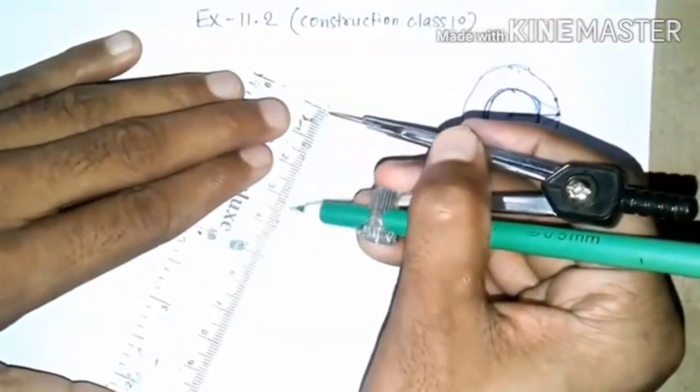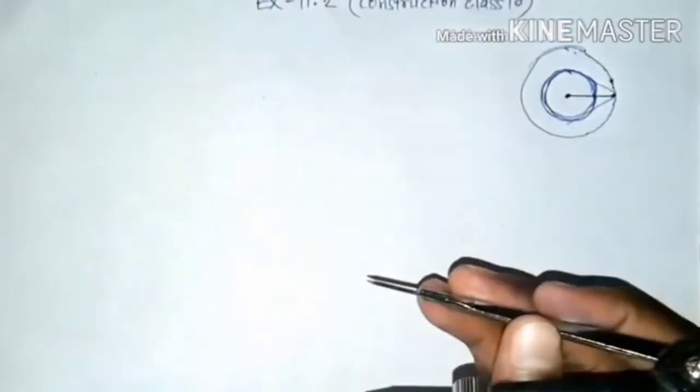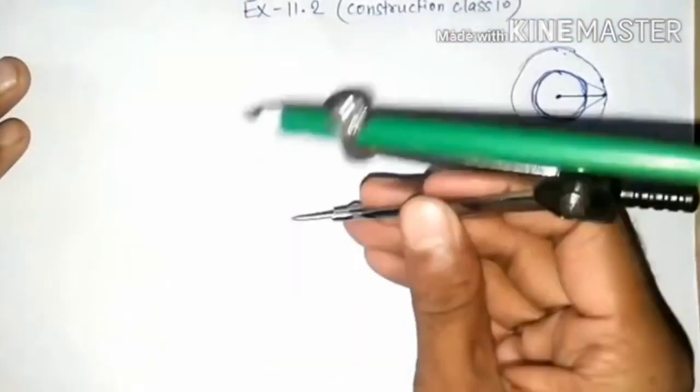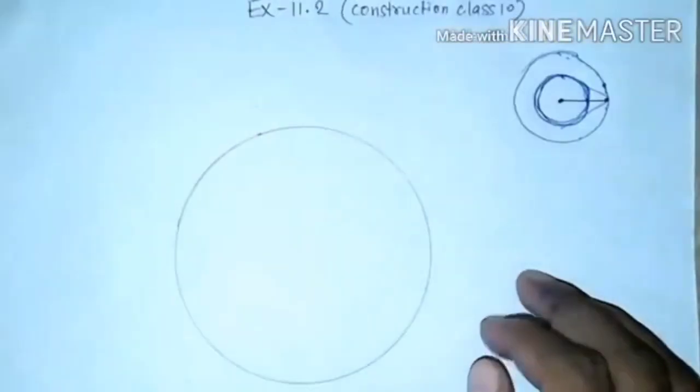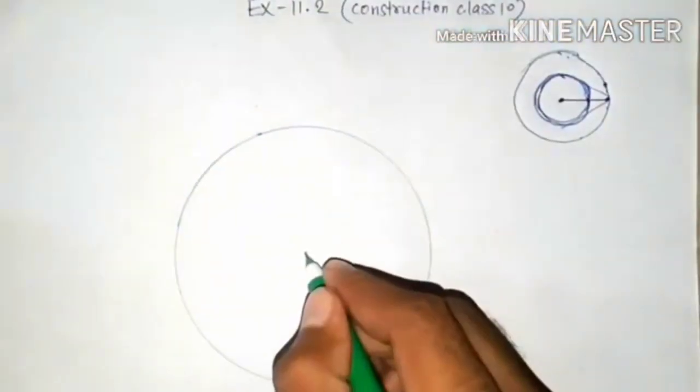Using your ruler, take 4 cm and draw a circle with 4 cm as radius. Always you can use a rough diagram on the corner of your construction. It will always guide you to the right way.